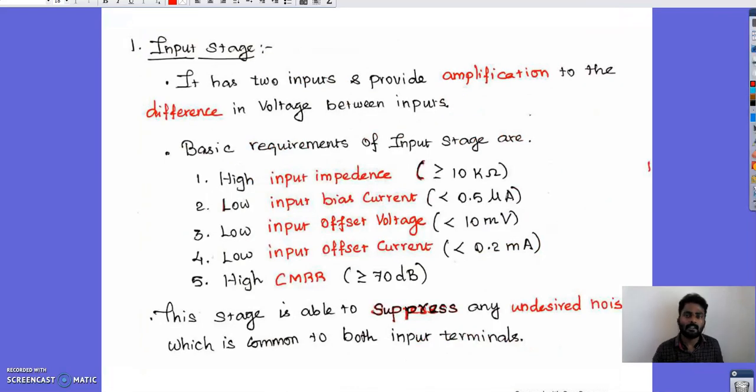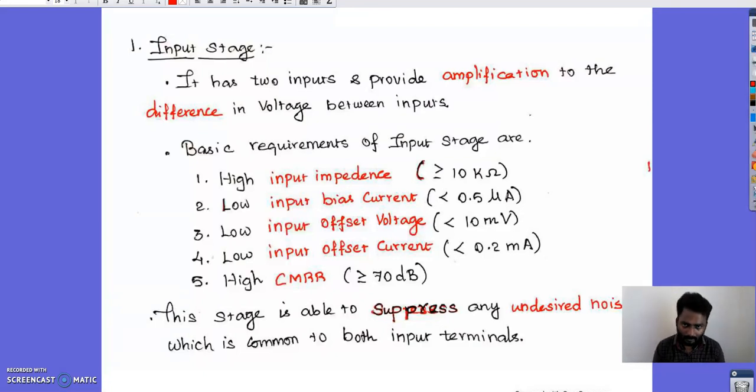And the input stage definition, explanation is given here. There are 2 inputs, we all know. These 2 inputs will provide amplification to the difference in the voltage between the inputs. And the basic requirements of the input stage, we have seen the characteristics; the input characteristics alone are mentioned here.